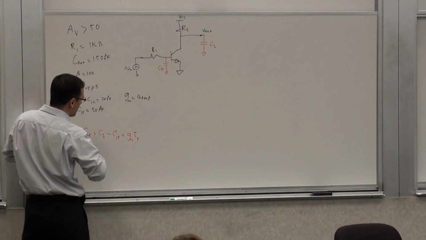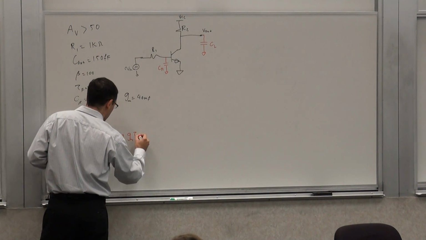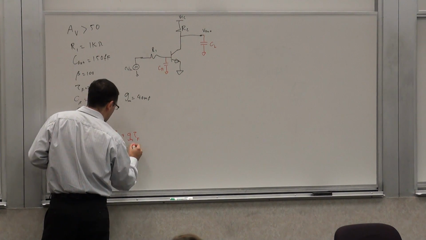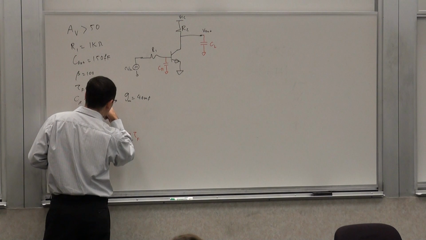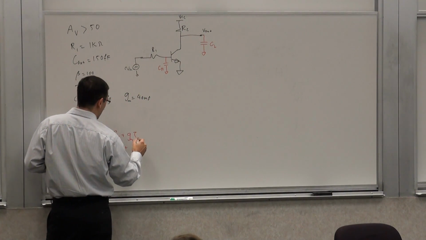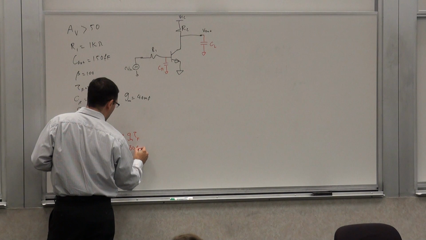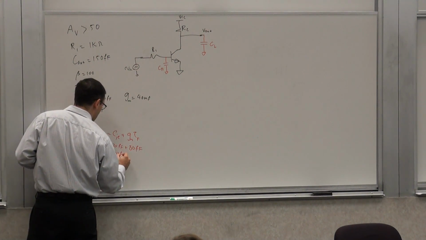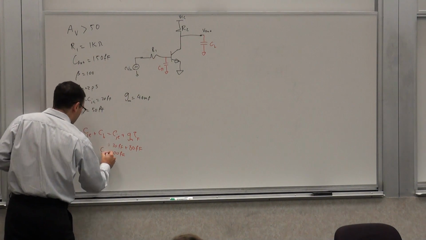At that point, this is 20 femtofarads. This is 2 picoseconds times 40 millisiemens, that's 80 femtofarads. So that's 100 femtofarads. C pi is 100 femtofarads.